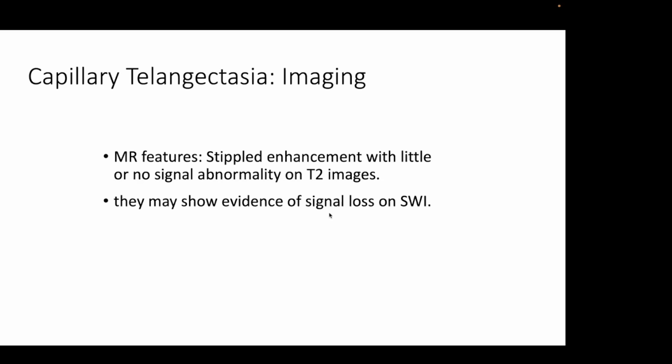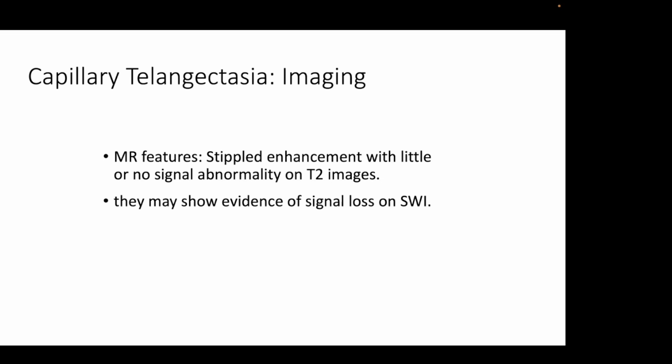One thing you should be aware of is that traditionally we would say that capillary telangiectasias were not visible on gradient echo imaging, because the thought was that these do not contain hemosiderin like the cavernoma.